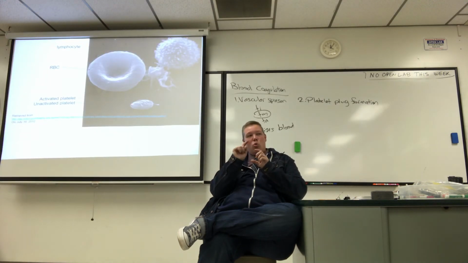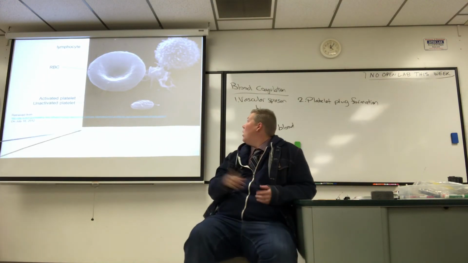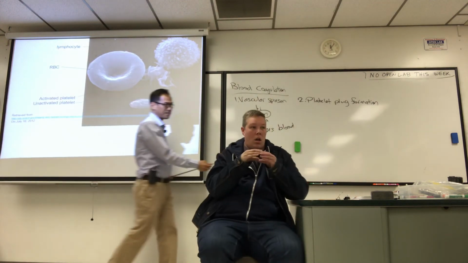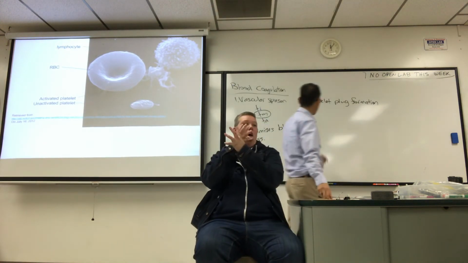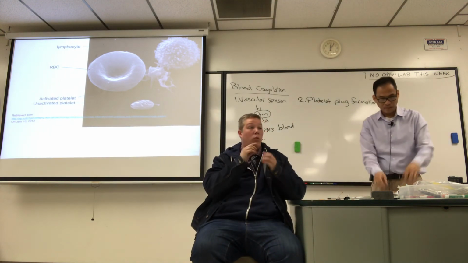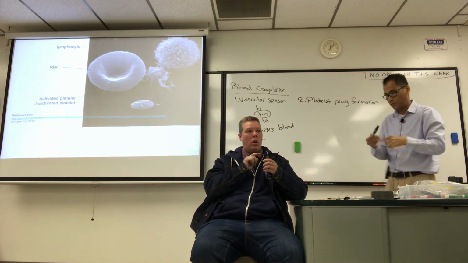Here's kind of a better picture for presentation. Unactivated, activated. Oh, big and spiky on you. So there is an activation process that they go through. What's going to happen is you get a break in a blood vessel. Blood's flowing by, and the platelets would adhere to the exposed collagen fibers of the underlying tunics.